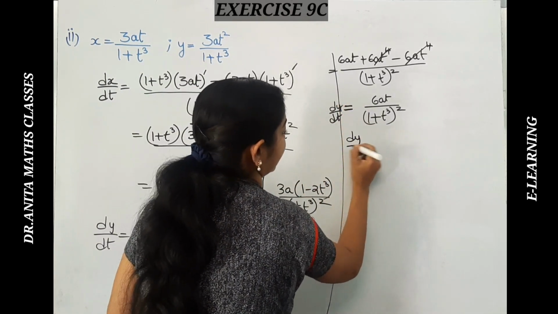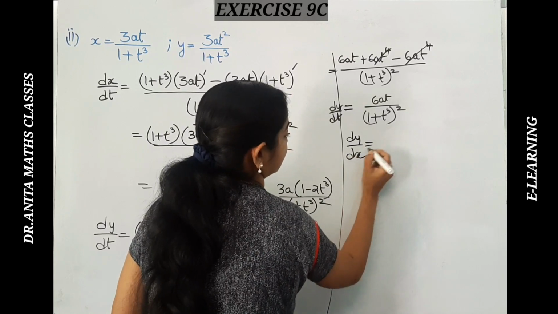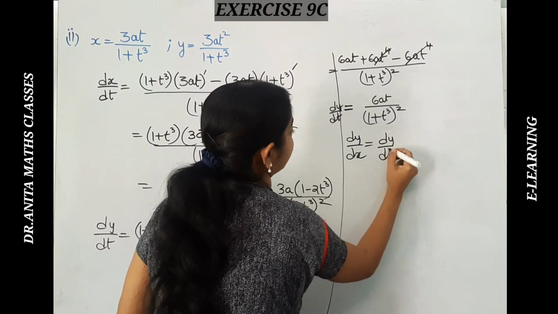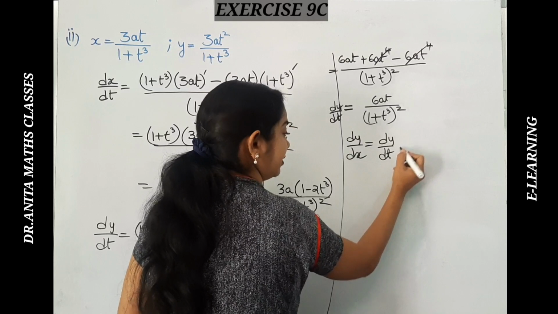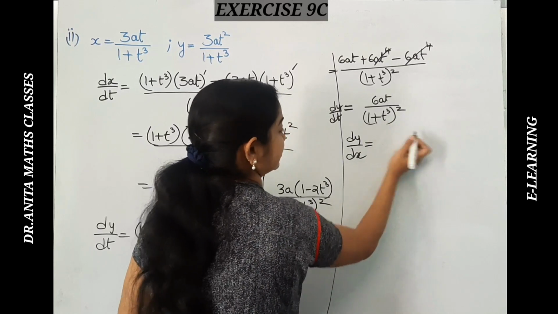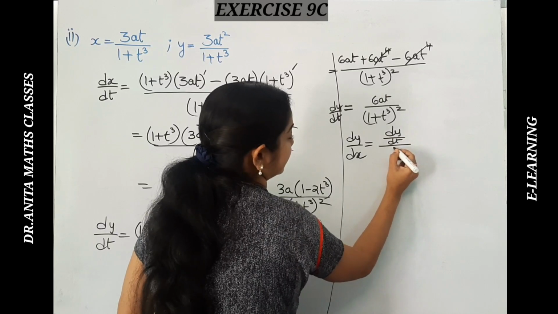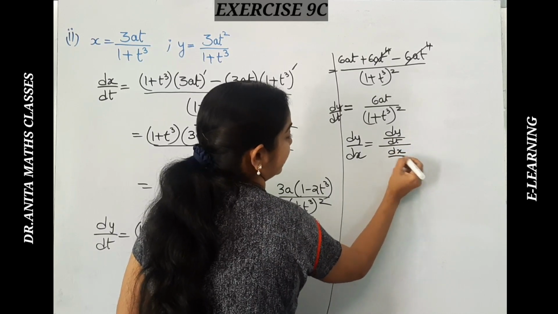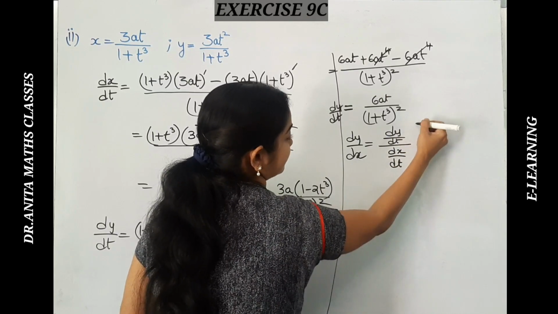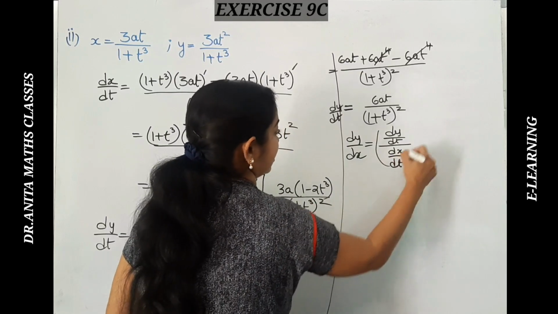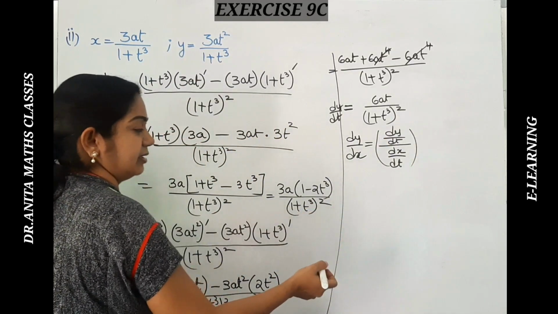And we want dy by dx. So that is dy by dt, and you can multiply or you can divide. See here, dy by dt divided by dx by dt. So dt goes, so you get it. You can divide or you can just multiply by the reciprocal.